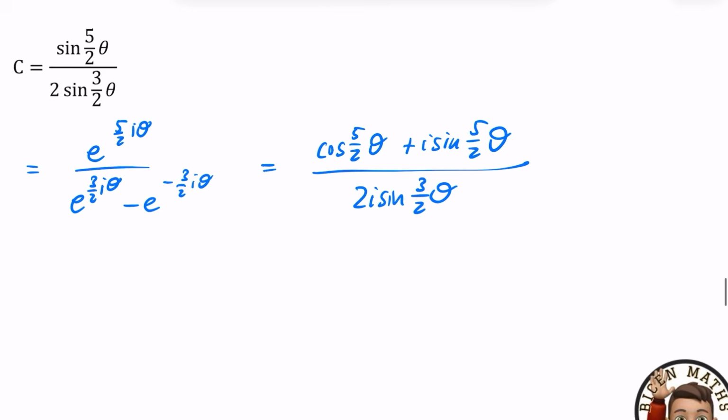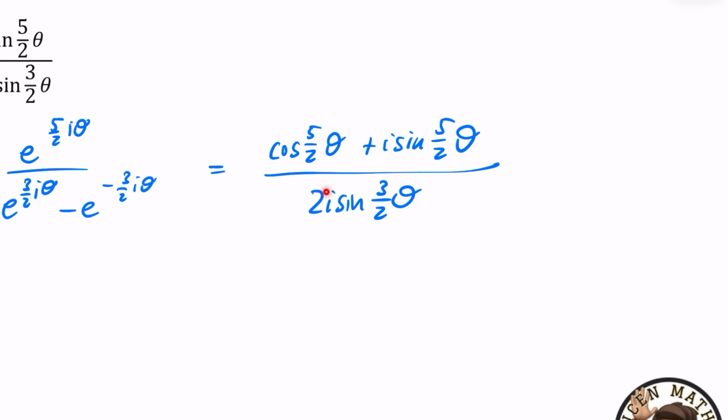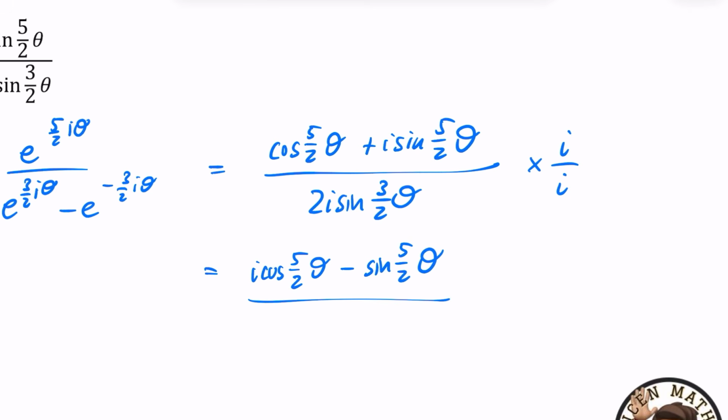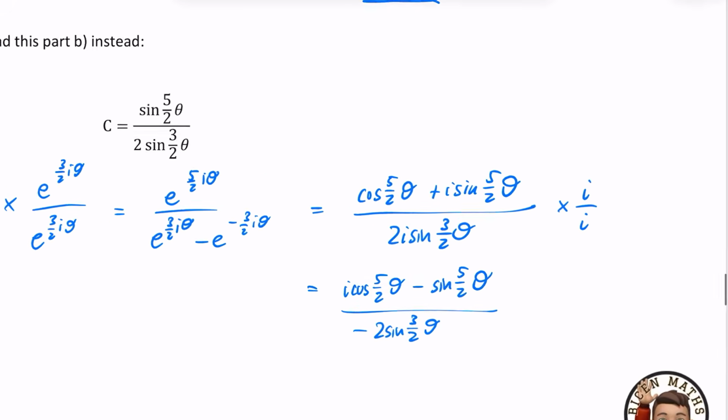Well, let's get rid of this i down here: let's multiply the top and bottom by i. So we then have i cos(5θ/2), i times i is minus sin(5θ/2), and then the denominator is going to be 2 sin(3θ/2). But the overall thing then becomes negative.